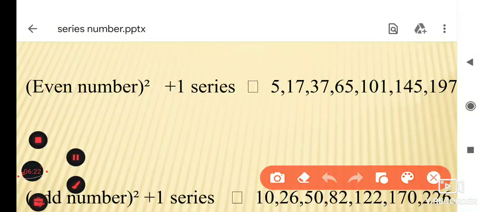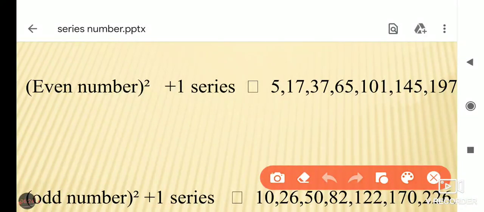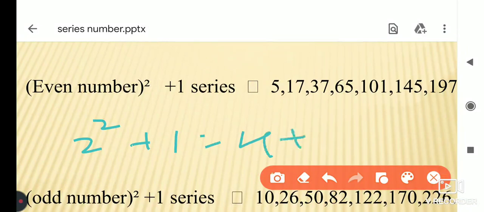Look at the first number, that is 5. 5 is next to the square number 4. 4 is the square of 2, so it is 2 square plus 1. The 2 square is 4, and 4 plus 1 is equal to 5. So the first number is 5.